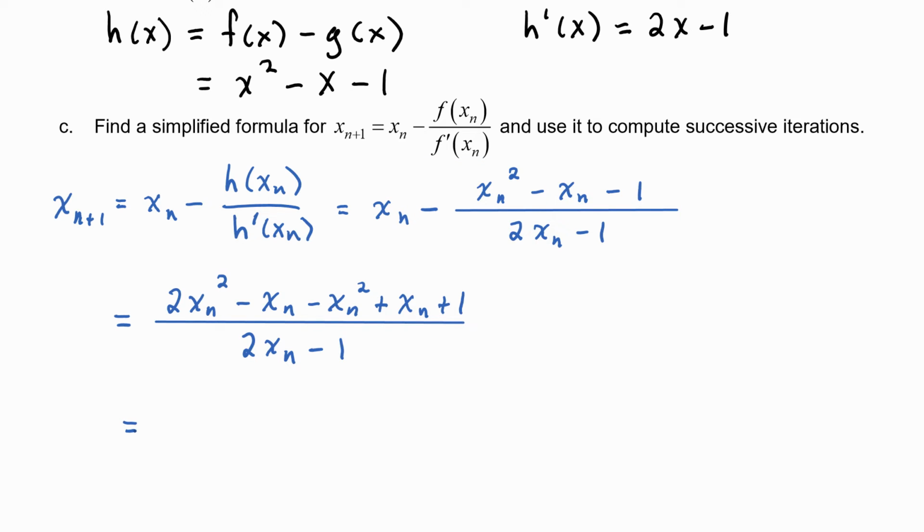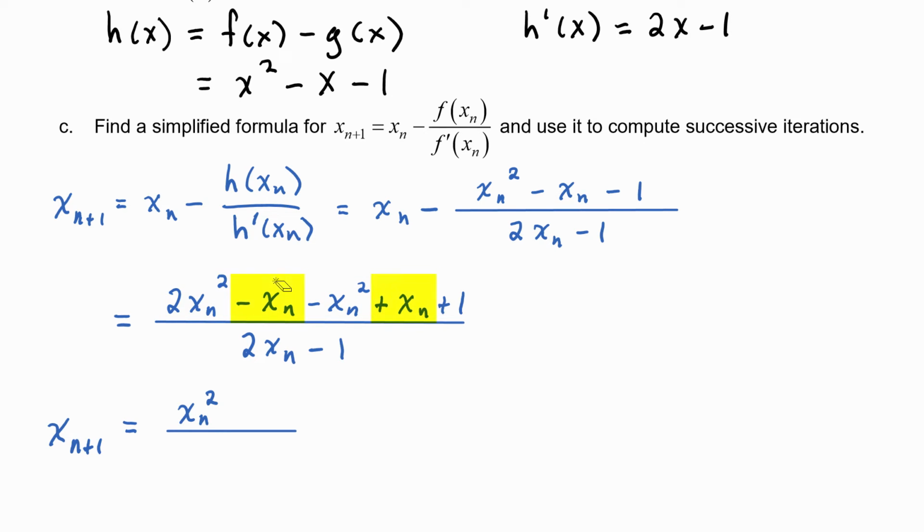We can simplify further, and now we have that x_{n+1} is going to equal, we have 2xn squared minus xn squared, so that leaves us with 1 xn squared.